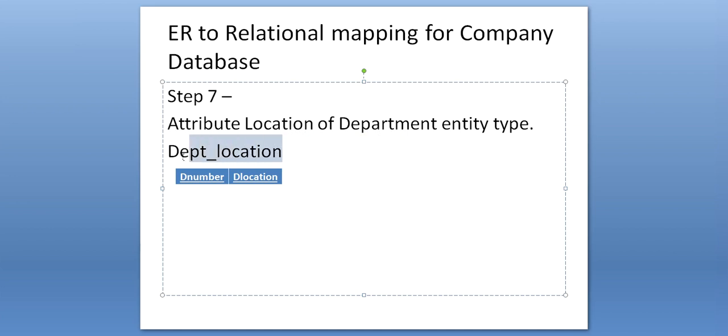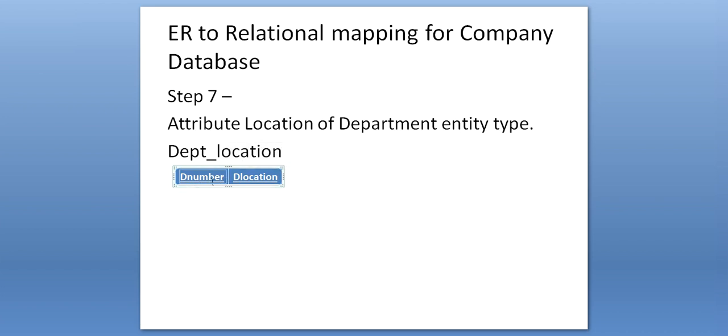And for that department location, from step number 7, we can say that in the department location relation, we have to insert a foreign key referring to the relation corresponding to the entity type to which this attribute belongs. That means we have to insert the primary key of the department relation as the foreign key in this particular relation.